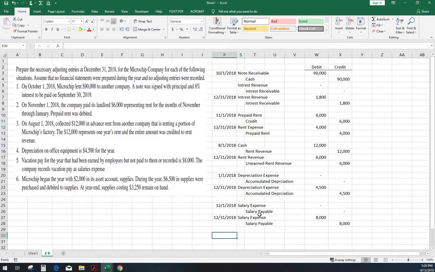Now, next transaction. Microchip began the year with $2,000 in its asset account supplies. During the year, $6,500 in supplies were purchased and debited to supplies. At year-end, supplies costing $3,250 remained on hand. So, beginning of the year, what's the original transaction? Well, we would take an inventory on 1/1/2018, and we find our supplies have $2,000 in there, so we'll debit that 2,000.